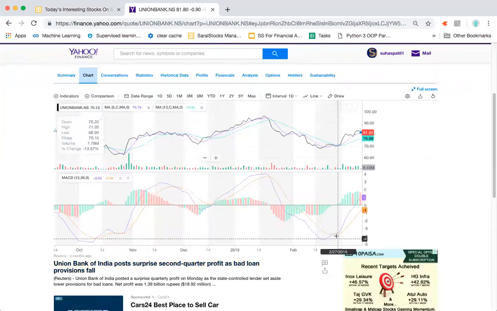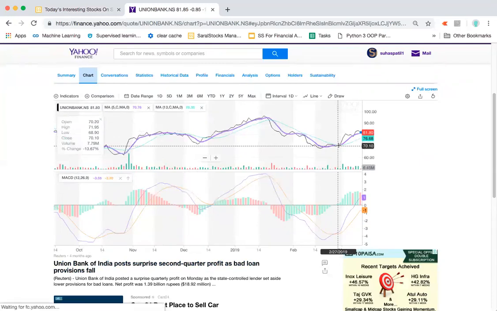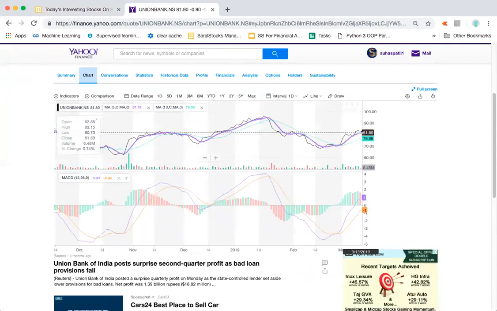And as you can tell, we see a crossover of the MACD line with the red signal line here on 226.19. And as you can see, the corresponding price rise starting from that day, it has gone from 70 rupees to 81 rupees.